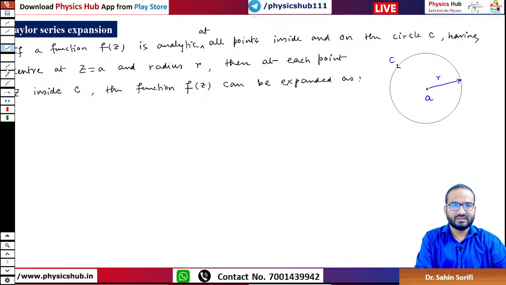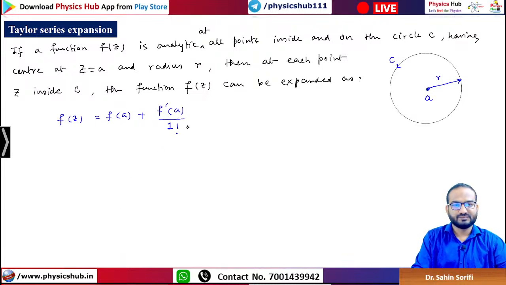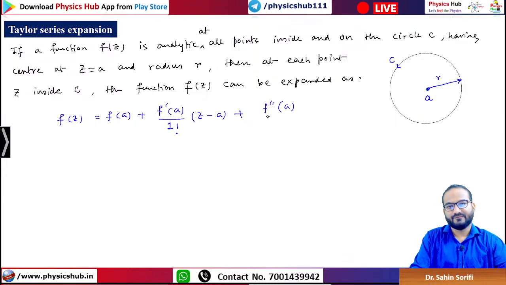Let's say we are expanding the function f of z about z equals A, which is the center of this region C. So f of z will be f of A plus f prime of A divided by 1 factorial times z minus A, plus f double prime of A divided by 2 factorial times z minus A whole squared, and so on.